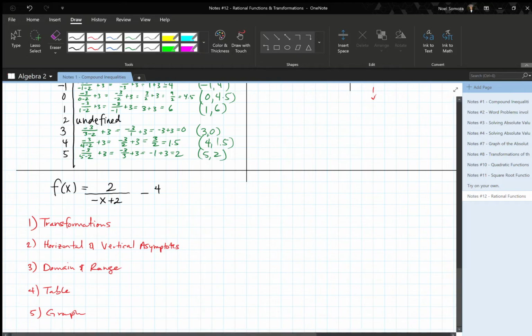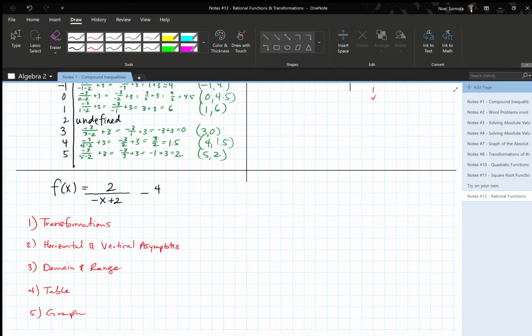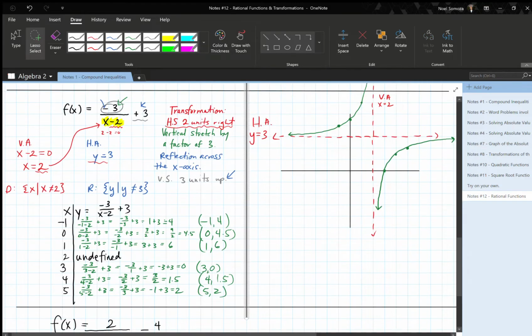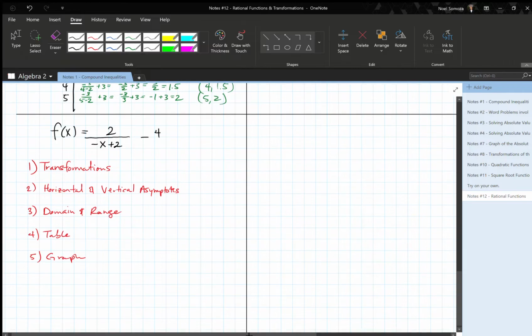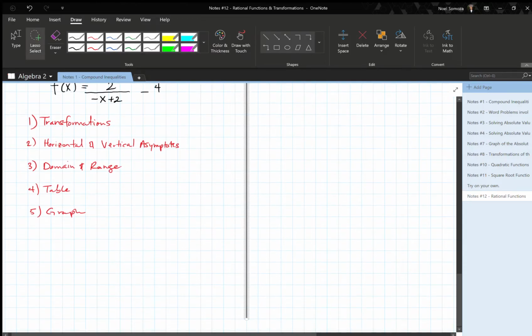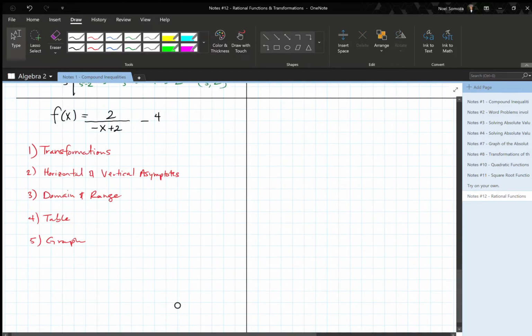I want you to try it so that you have a feel of how to get to that final spot. From here, assuming that you've already worked on it on your own for some time, you're either watching it now because you got stuck or because you finished and you want to make sure that you did this correctly. So I'm going to go through and finish it up.